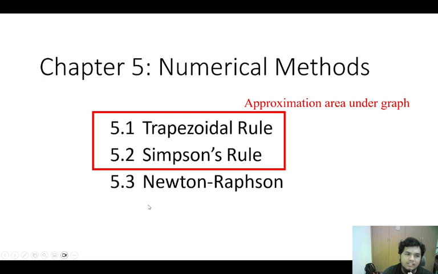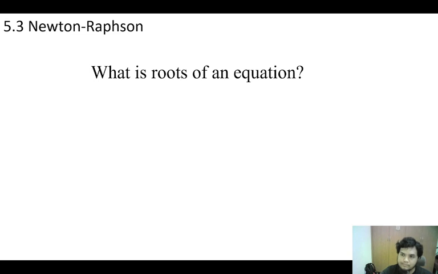For the third one, the Newton-Raphson, or NR for short, we will use the method by Newton and Raphson. This method is for us to get the solution, or roots, of any equation. Right, so let's get started.